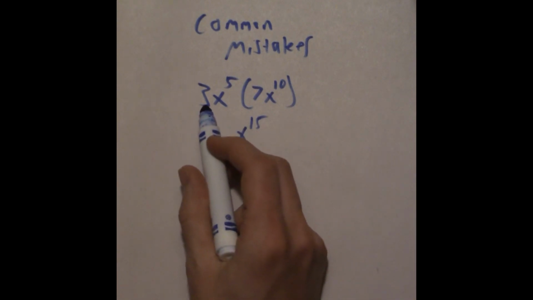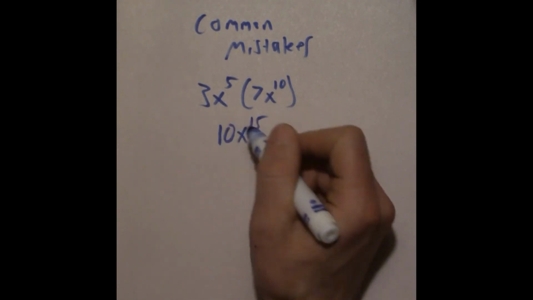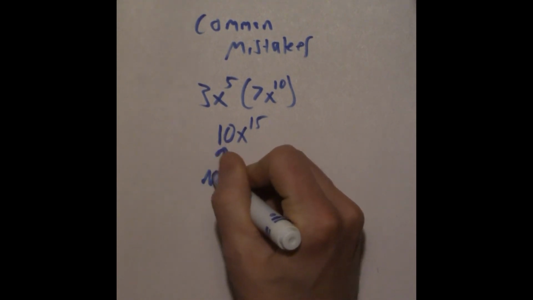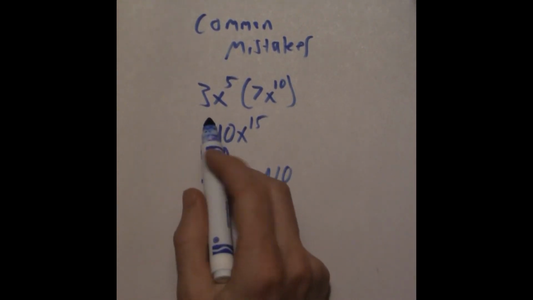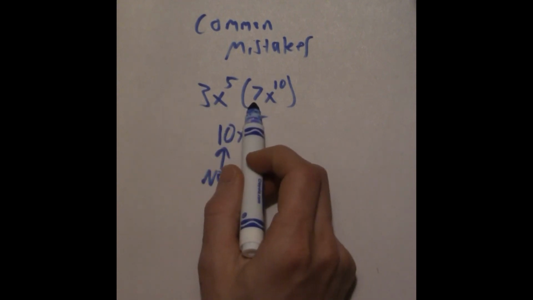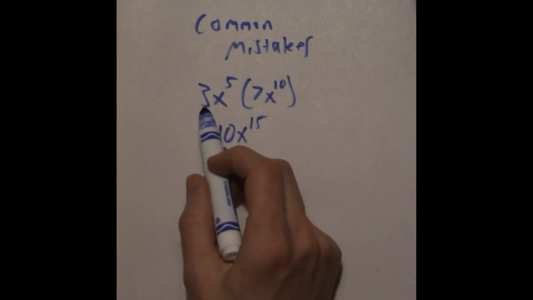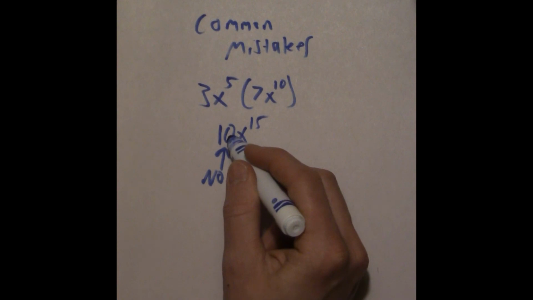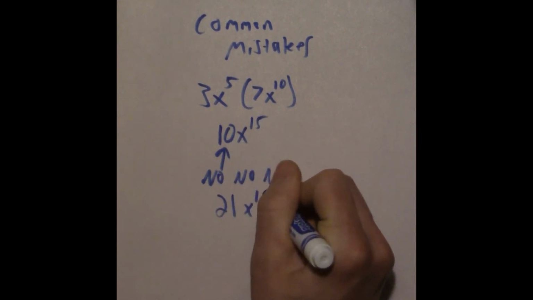And then they say, all right, 3 and 7, I'm going to add those together and give me 10. But that is not correct. That's a no. That's not correct because with the 3 and the 7, you're still doing multiplication. This is still multiplication, and so the rules are still going to apply that we use for multiplication. And so 3 times 7 is going to give us 21, not 10. So this is not supposed to be 10. This is supposed to be 21x to the 15th.